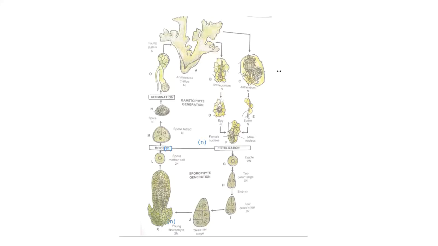Because here one stage is diploid, that is the sporophytic generation, and the second is haploid, that is the gametophytic generation. So this particular alternation of generation is referred to as diplohaplontic alternation of generations.